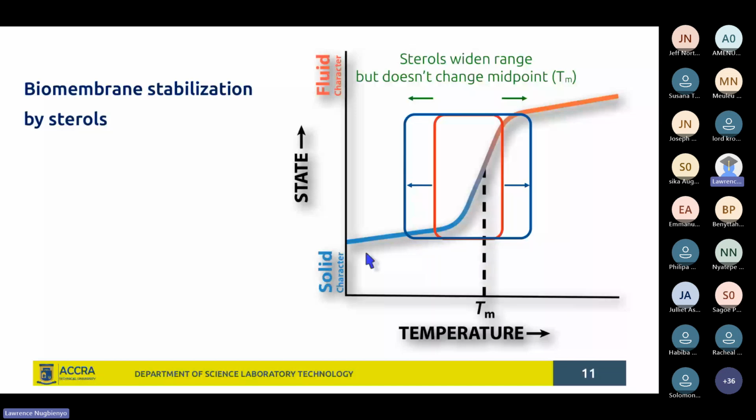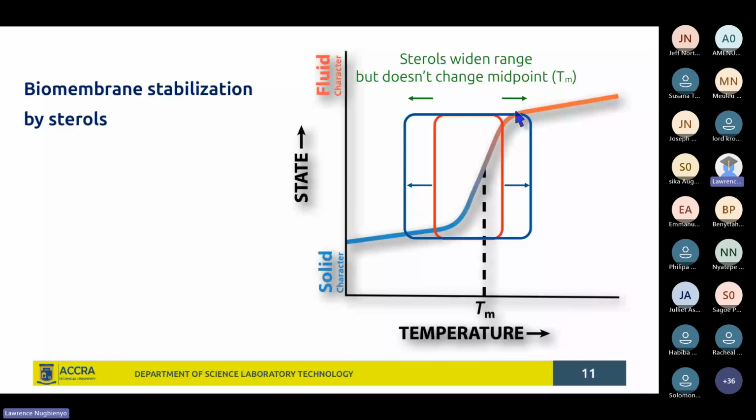The same way, it will also withstand a higher temperature, so that if in a normal case at a particular high temperature, without sterols, the membrane would have reached a stage of destruction, but with sterols, the membrane will still be stable at such a high temperature.